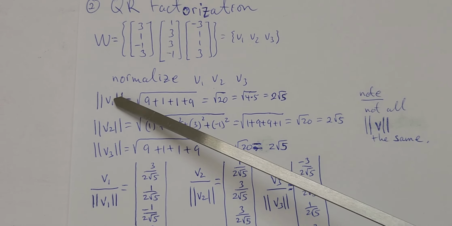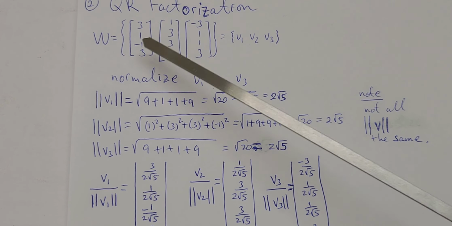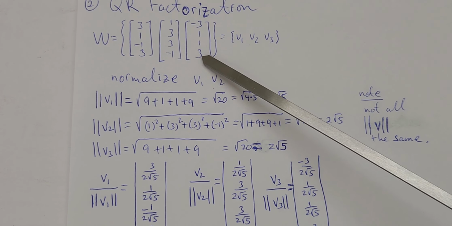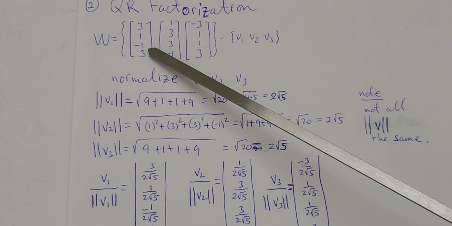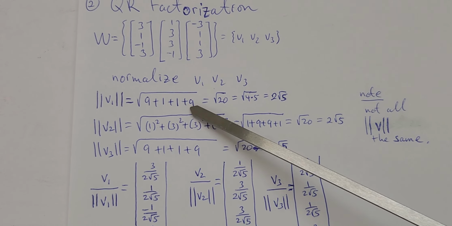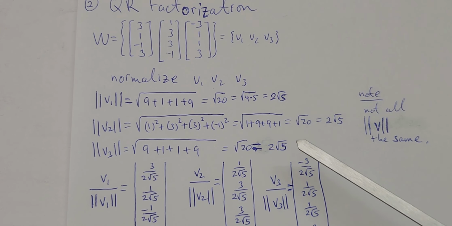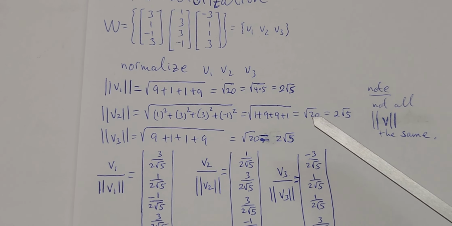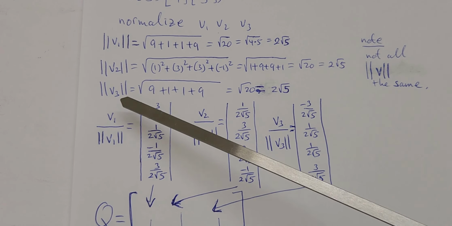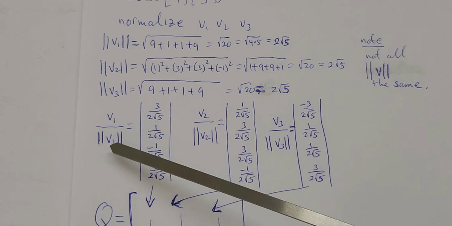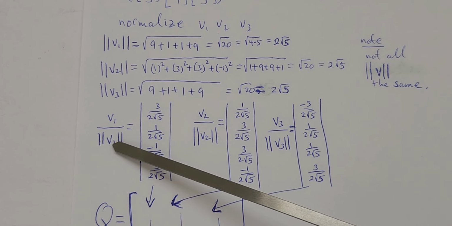Again, magnitude is the distance for V1, V2, and V3. Just square all these numbers, add them all up, square root, simplify. Now the actual normalization is this. You have to take V1 and divide by its magnitude.